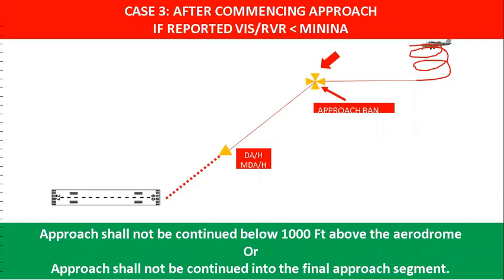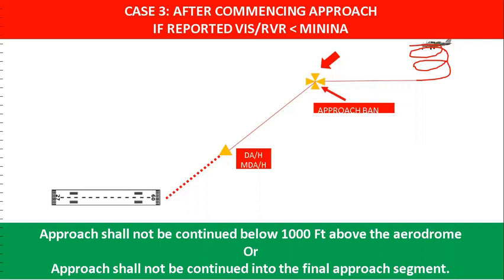In this third case, suppose I have started my approach and afterwards visibility or RVR has reduced and is less than my minima. So I will not continue the approach below 1000 feet above the aerodrome, or I will not continue into the final approach segment.